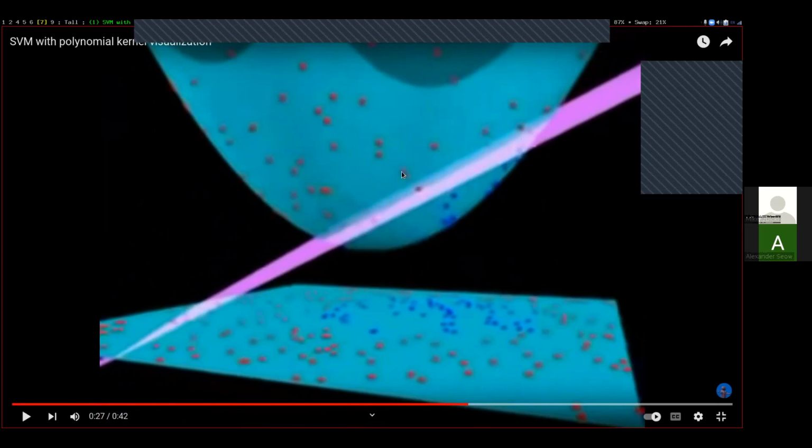But the red dots are all above the hyperplane and the blue dots are all below the hyperplane. The hyperplane doesn't have to be a horizontal line, just like in 2 dimensions our line could be pointed in any possible direction. In 3 dimensions, our plane can be pointed in any possible direction. Good question. Any other questions about this example?